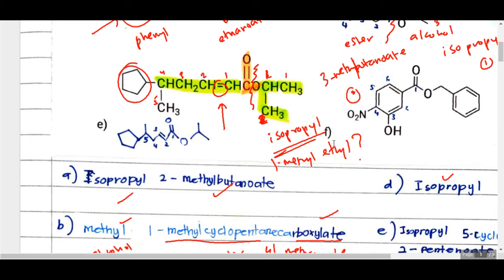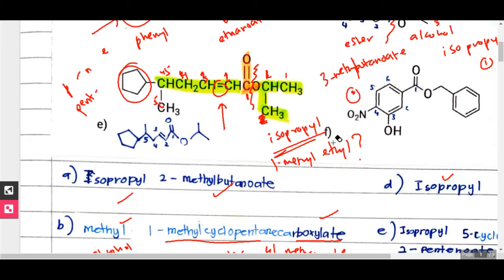This will be pentanoate. All right. If we add the alkene, it will become pent. The location starts from, sorry, okay, this is the first carbon. Okay, there are 6 carbons there, right? It cannot be pentanoate.